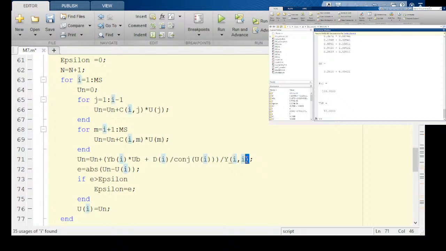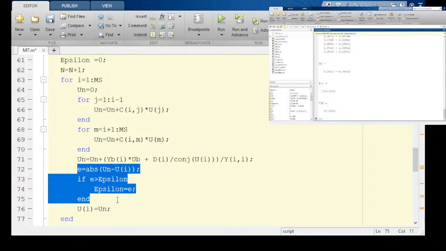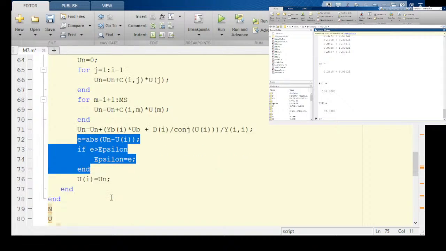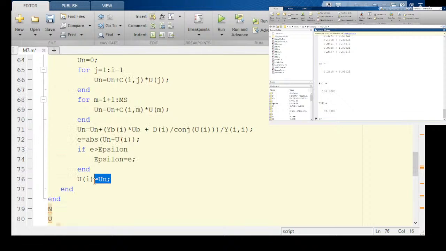And I need to divide it by the diagonal element of the nodal admittance matrix, as in the classical Seidel approach. Then precision: max selection for the precision. I need the maximum absolute difference. And here I'm putting my voltage in place.